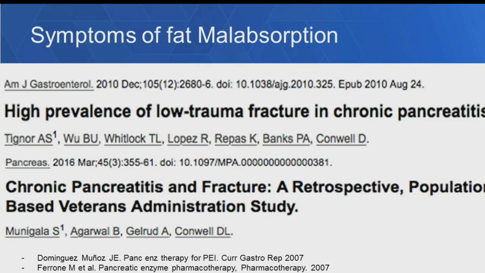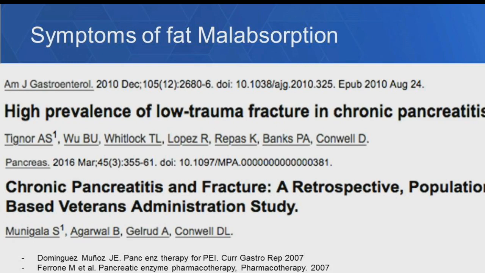And in these two studies that had a large number of patients, what it showed is that when you look at patients with chronic pancreatitis and EPI, and you compare them to patients that have, for example, inflammatory bowel disease that have been taking steroids, or celiac patients that we all know malabsorb calcium and are at very high risk for bone disease, you compare the three groups, the ones that are admitted the most to the hospital with bone fractures are the chronic pancreatitis patients, because we don't tend to think about metabolic bone disease in this patient population.